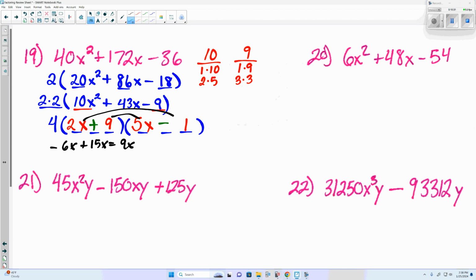Now here, 2x times -1 is -2x. 9 times 5x is positive 45x. And -2x plus 45x is 43x. Is that the middle term we wanted? Yes.